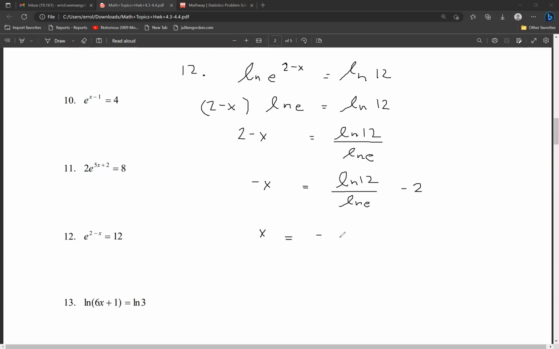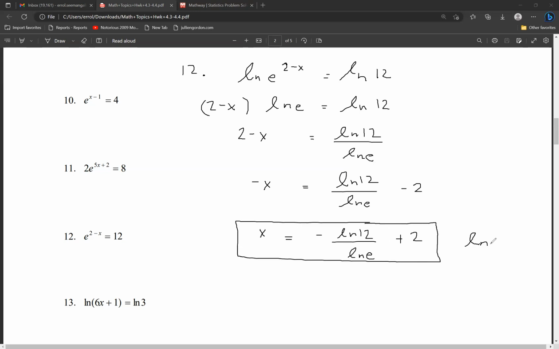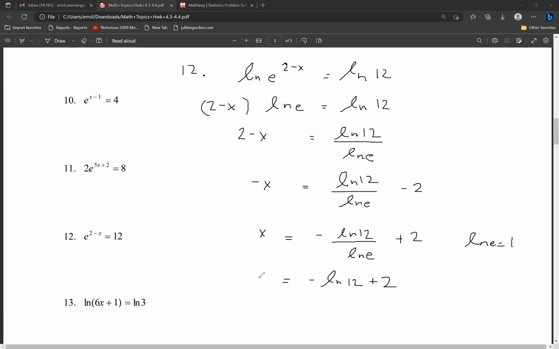X equals negative ln 12 over ln e plus 2. And then we know ln e equals 1. So what does this equal? What's negative ln 12 plus 2? That's the answer right there.